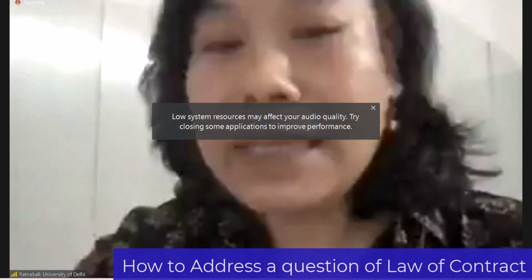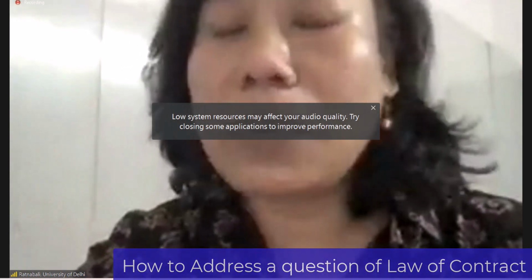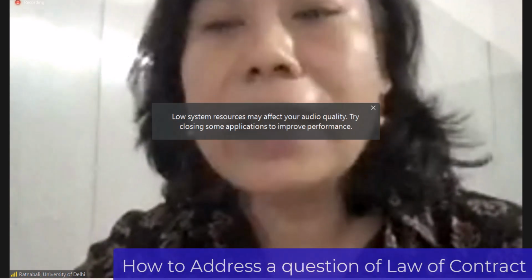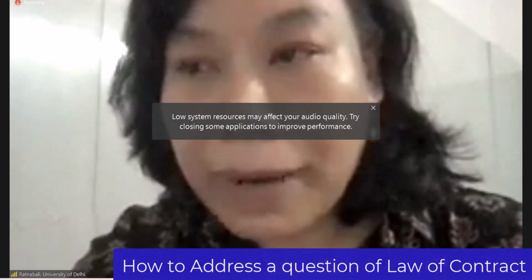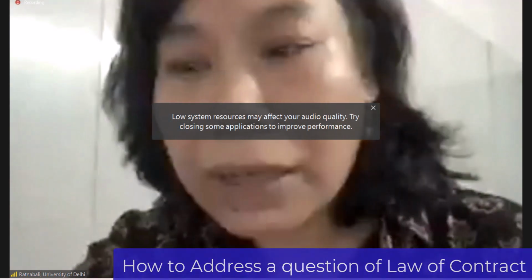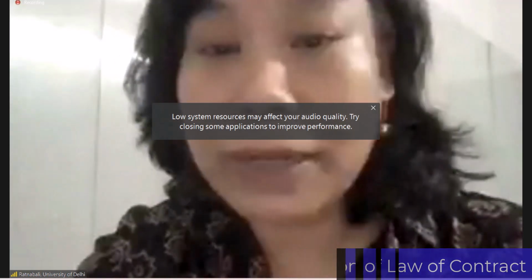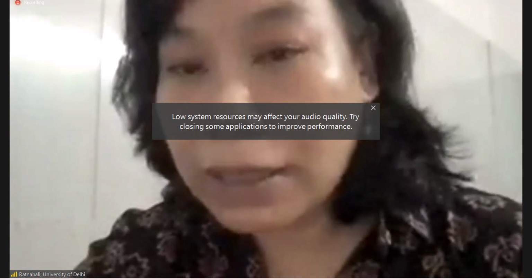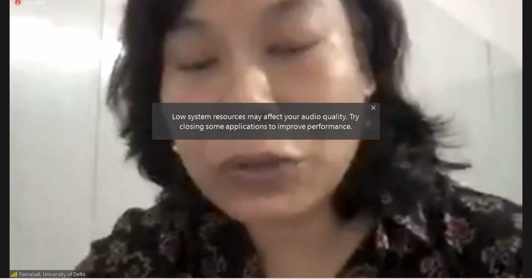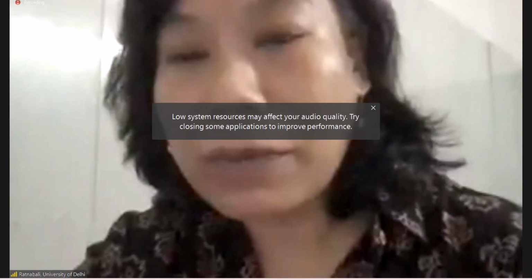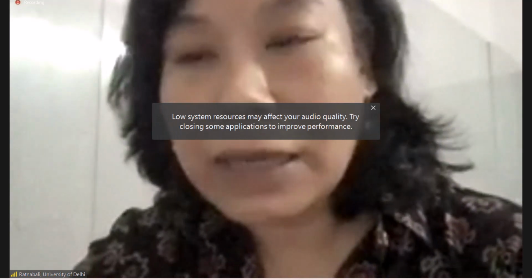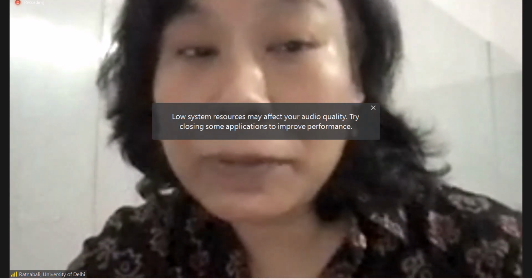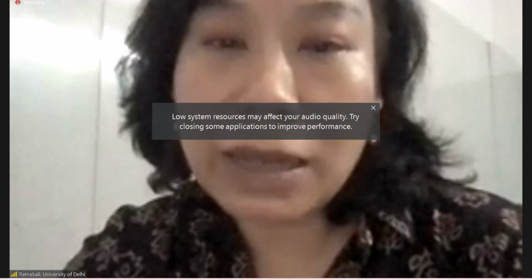In case it is a hypothetical question, it is always good to start with the facts involved, number 1. Number 2, write the legal points involved in the hypothetical facts that are given. The legal issues involved can be the second part of it. Once you have identified the legal issues involved, then you can come to the legal provisions which are relevant for looking at those legal issues.